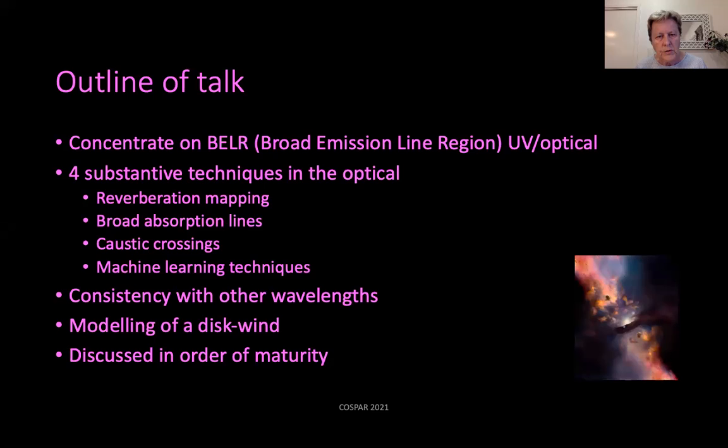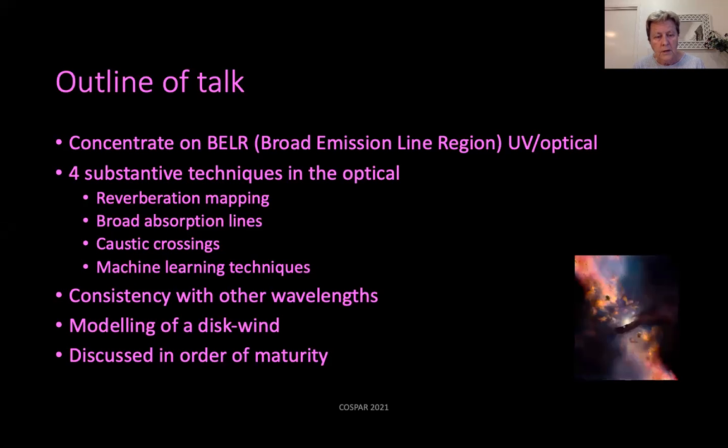So a brief outline for this talk. I'm going to be concentrating on the ultraviolet and optical emission regions of the quasar. We usually call this the broad emission line region. And I will look at four techniques to interpret and understand those emission regions: reverberation mapping, broad absorption lines, caustic crossings, and finally just mention briefly some of the machine learning techniques that are now being investigated.